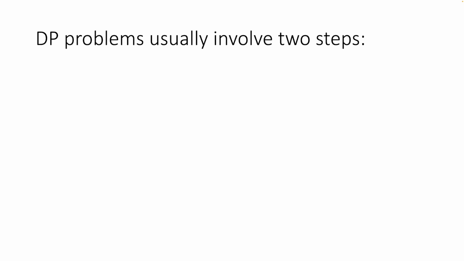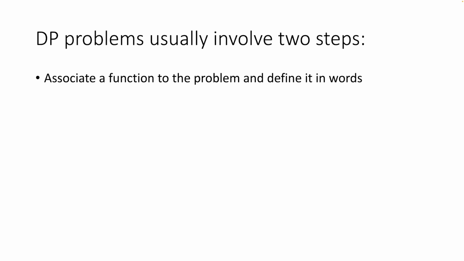Dynamic programming problems usually involve two steps, and the first step is often solved by the problem statement itself, which involves associating a function to the problem and defining that function just in plain English. Next, we will write a recursive formula for step 1.